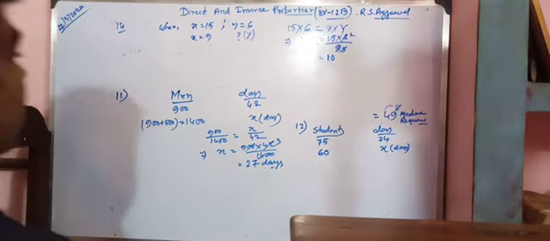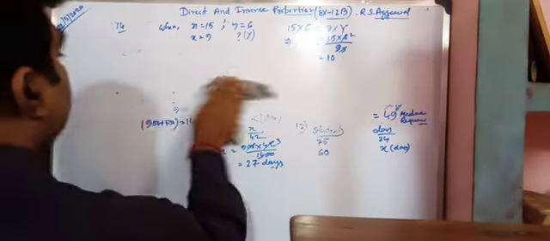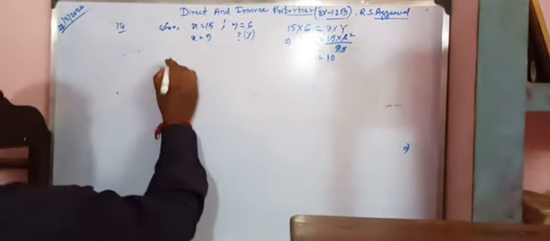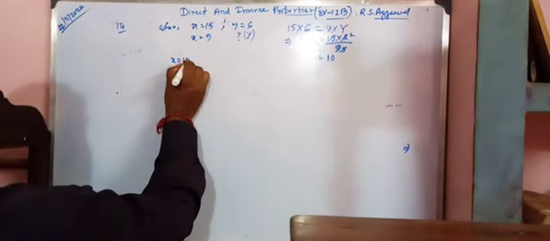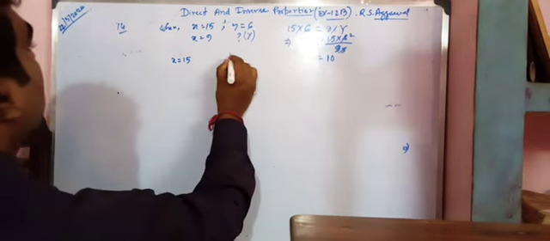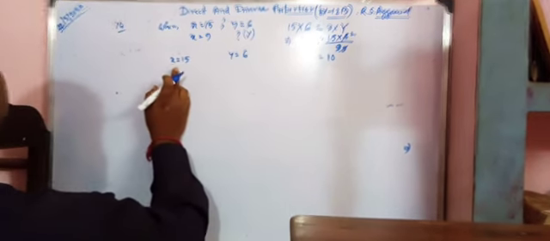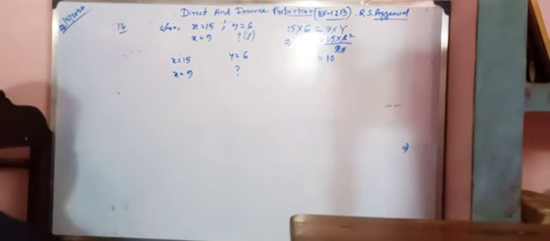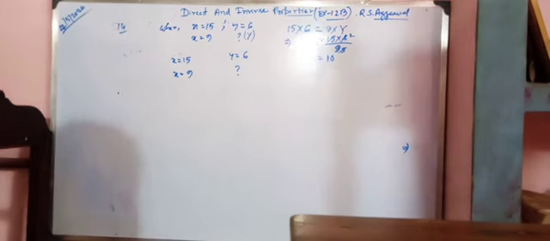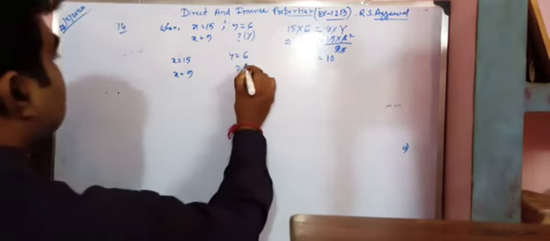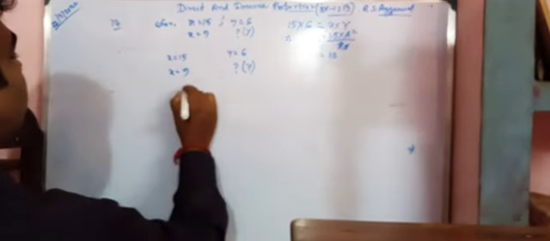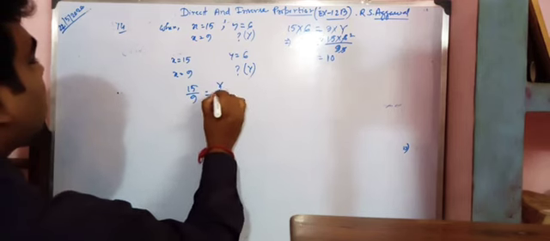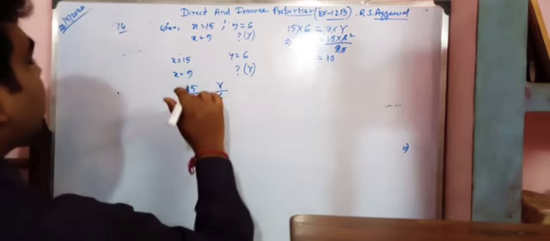Now let us move to another method of solving this question. X is equal to 15, y is equal to 6. Making the chart, when x is equal to 9, y is equal to how much? Let it be capital Y. Now 15 by 9 is equal to capital Y by 6, since it is inverse variation.